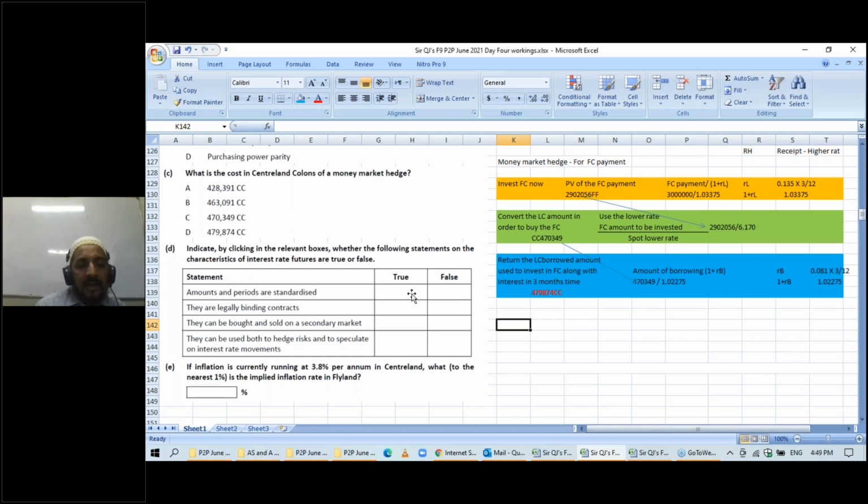Then, they can be used both to hedge risk and speculate. Yes, interest rate futures can hedge an interest rate increase in case of borrowing, and an interest rate decrease in case of investments. They can also be used to speculate, since this is a derivative, and you can earn through differences. So all of these are true.